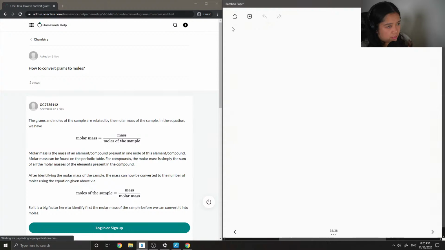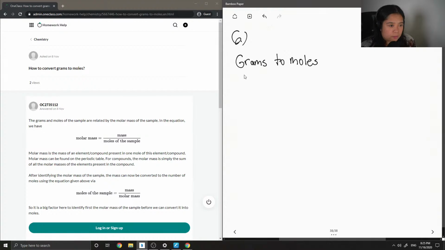Okay, so question 6 just asks, how do you convert grams to moles? So grams is a unit of mass, which I'll denote as lowercase m, and moles I'll denote as lowercase n.